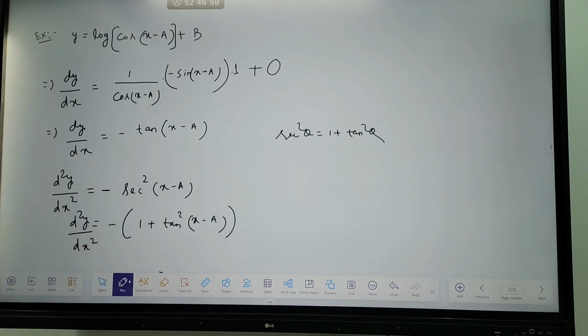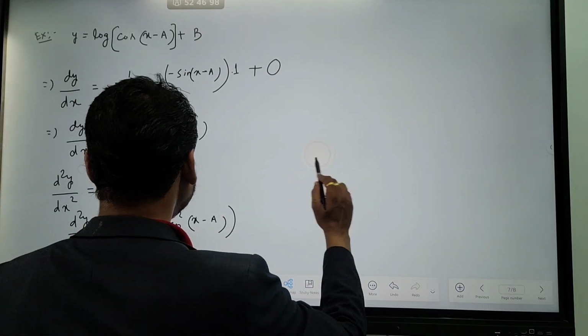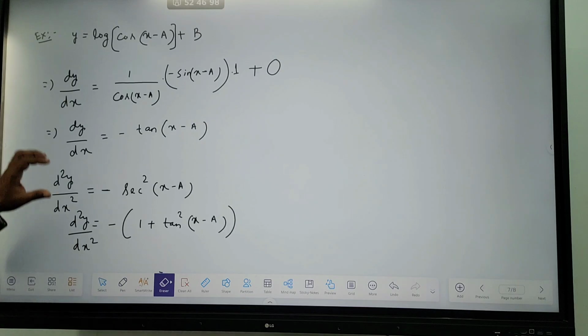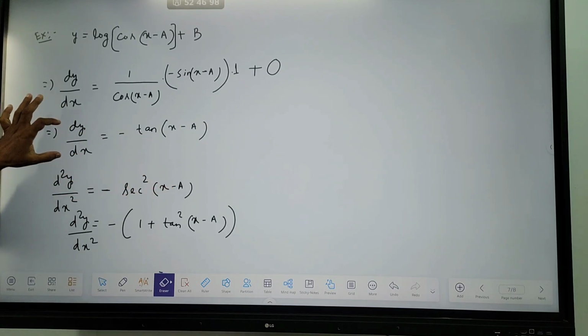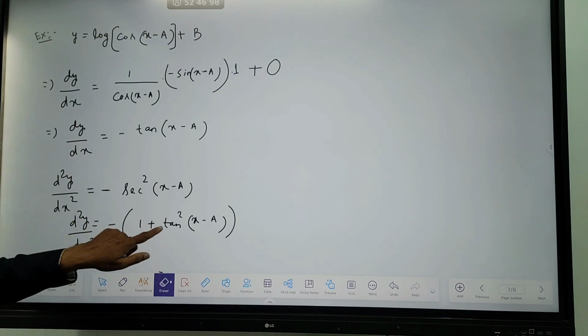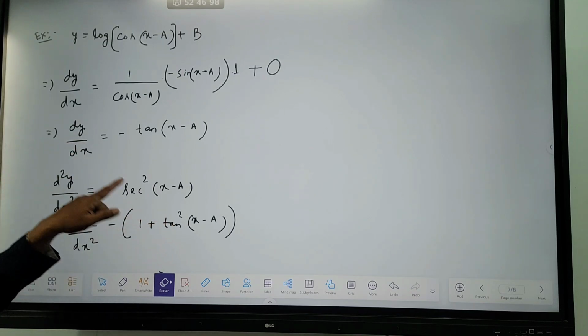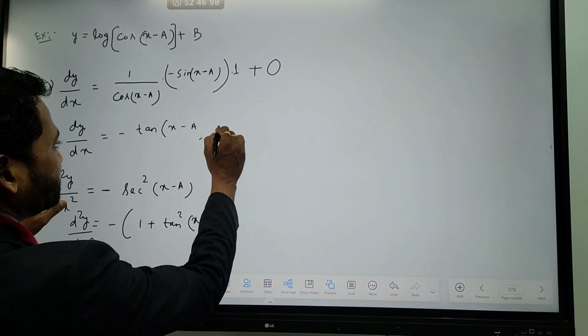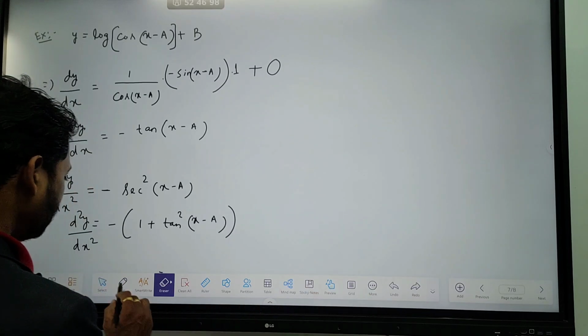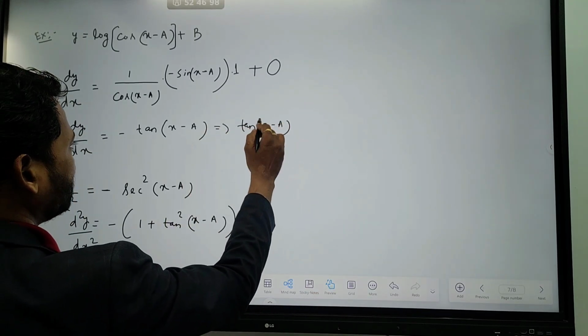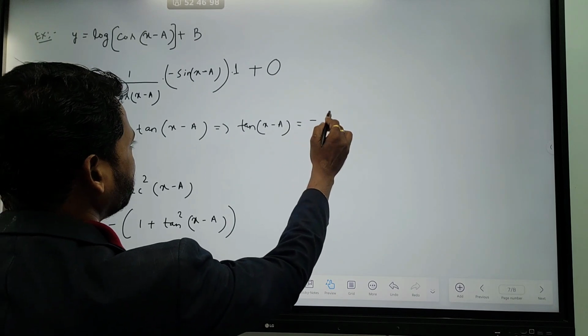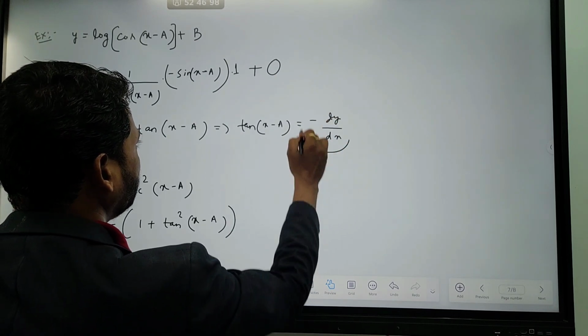Clear? So now what you will do, अभी देखो ये जो फंक्शन है minus of tan x minus a is equal to what, dy by dx. So from this expression I can write down tan x minus a क्या है, tan x minus a is minus of dy by dx. Yes or no?